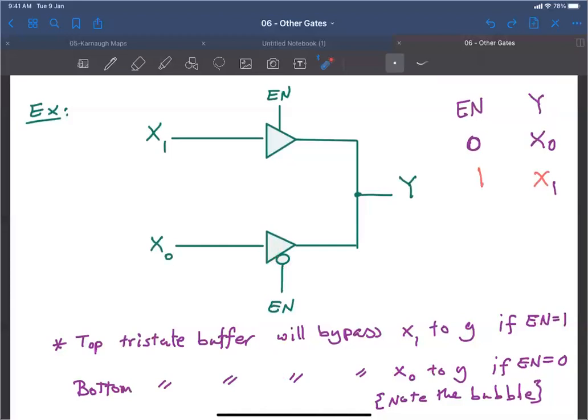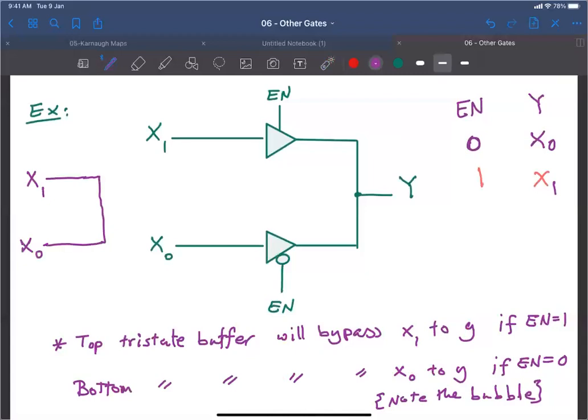We'll have a short circuit, as you said. What does a short circuit mean? Let's try to understand it electrically. Now I'm drawing the circuit if we don't have a bubble for the bottom tri-state buffer. We have x1 here, and the equivalent circuit is going to be like this, and here it's x0.